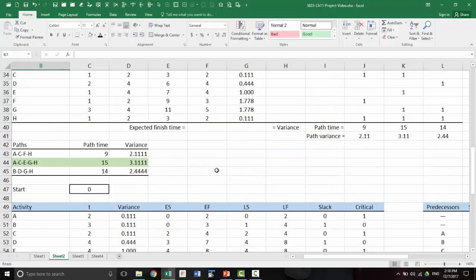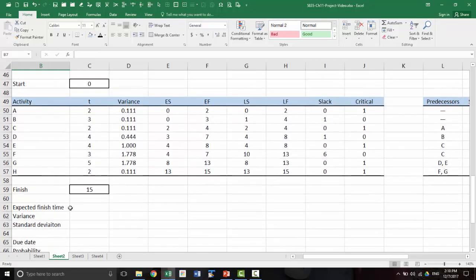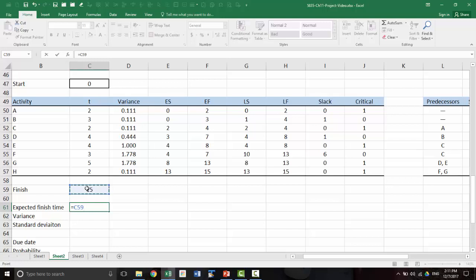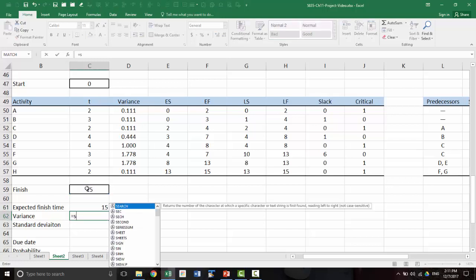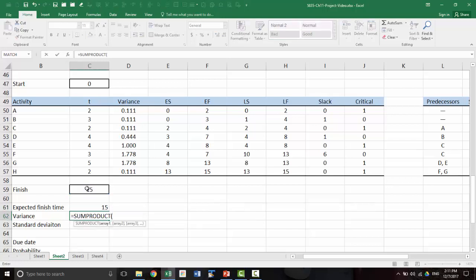Okay, so this is the table that we completed. Okay, so expected finish time is that. Okay, variance is the sum product of the critical activities with the variance. So if you do a sum product of that, all the non-critical activities will get zeroed out because you will multiply with 0, and the critical activities will get multiplied by 1, so it will get picked up.